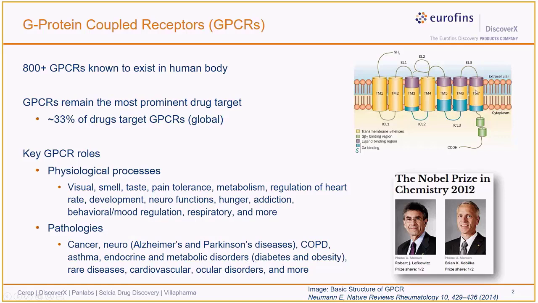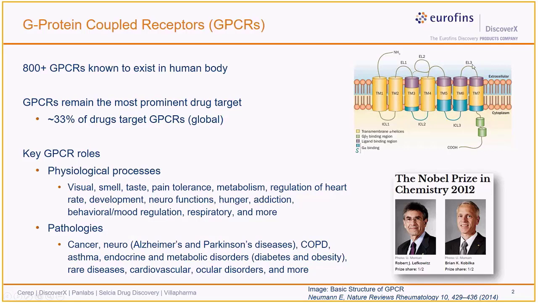So let's focus our attention on the top right-hand corner of this schematic image of a GPCR. It has the extracellular domain with its loops, the transmembrane region, as well as the intracellular domain.